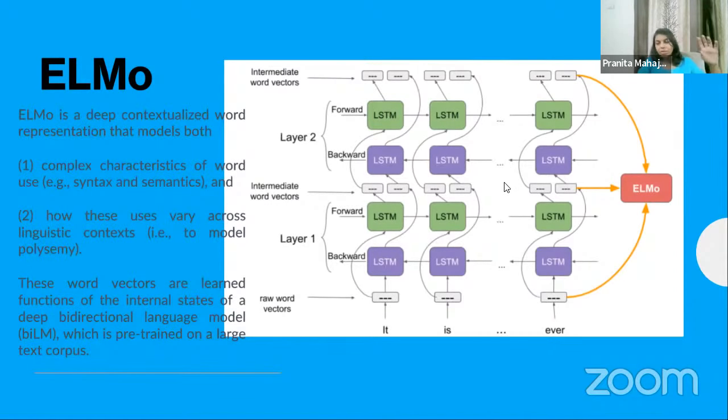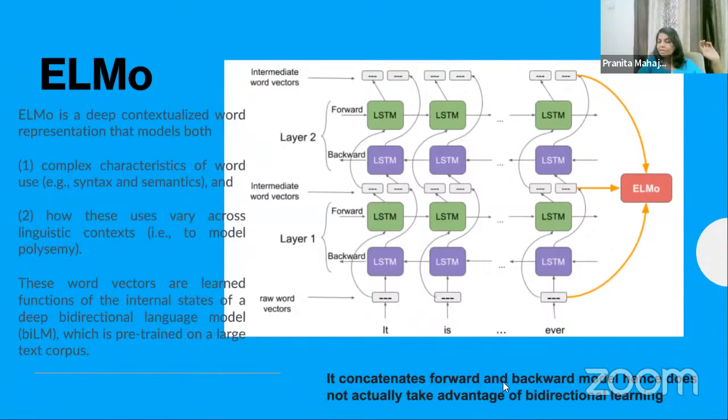But the drawback is that it concatenates, so as it concatenates the forward and backward models, sometimes it does not actually take advantage of this bidirectional learning. Because of this concatenation, as someone mentioned in the chat, it may lose some of the information which it has learned exhaustively. But then it works well with computational and memory constraints.